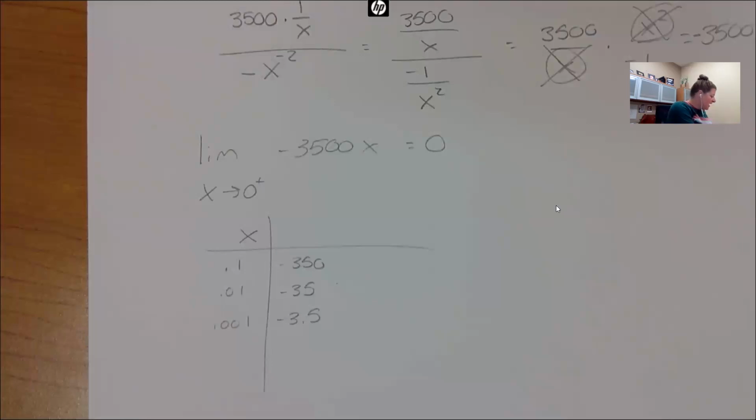And note, this rule is valid coming from the left, coming from the right, approaching infinity, approaching negative infinity, and I think that covers them all. So you can use this rule no matter what your actual x value is going to, negative, positive, and so forth. All right.